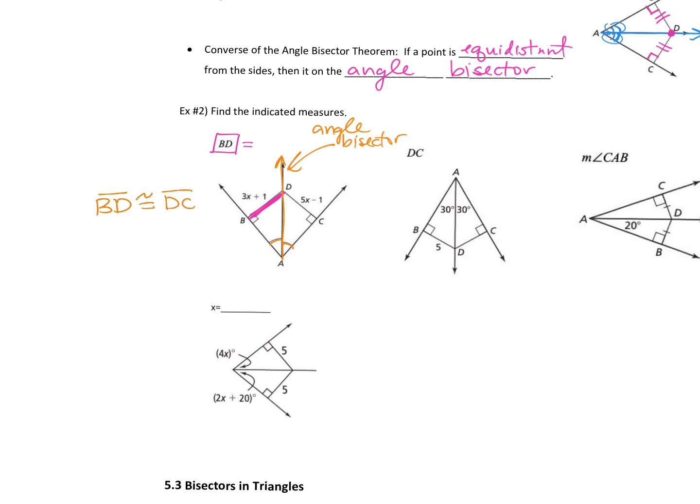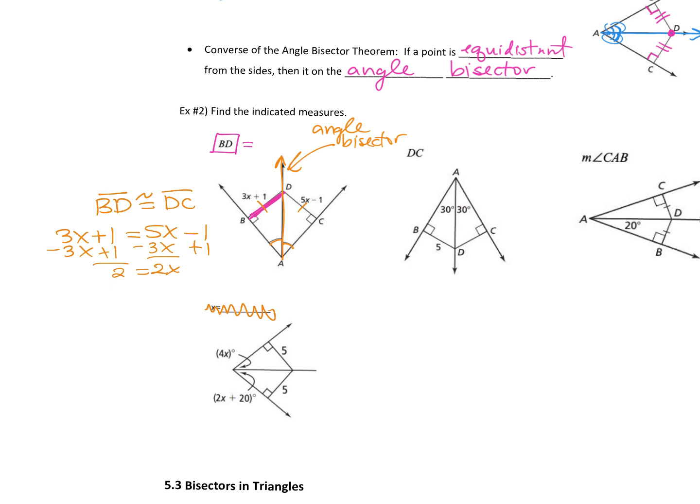Okay, so what we're going to do is we're going to set those equal. We're going to say 3x plus 1 equals 5x minus 1. So to solve that, we're going to ditch this x equals right here. Take away 3x, and you get 2x. Add 1, you get 2.